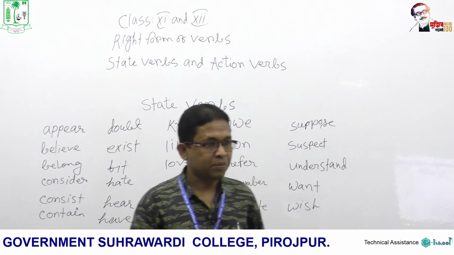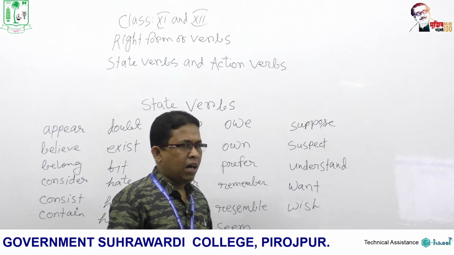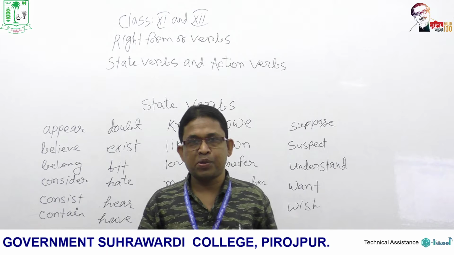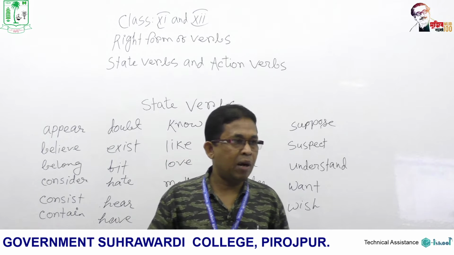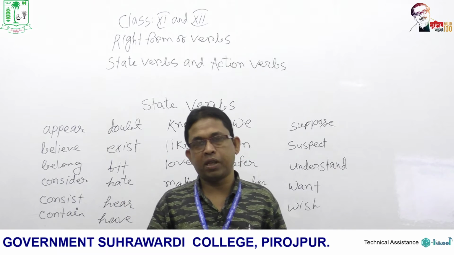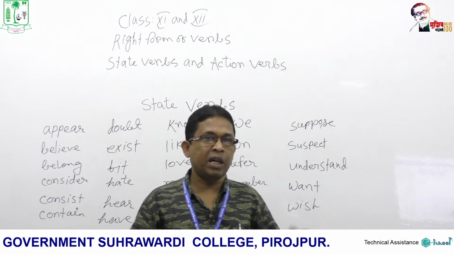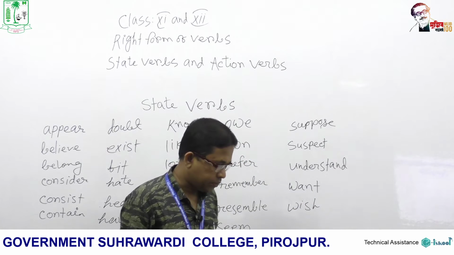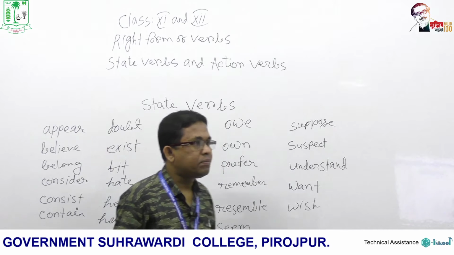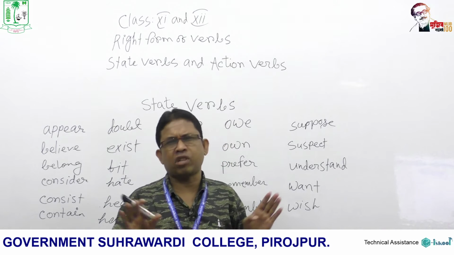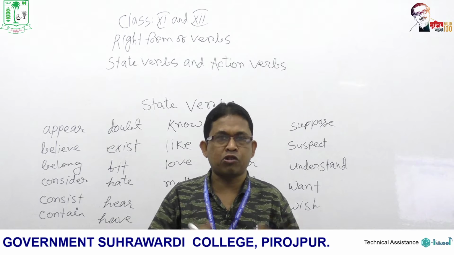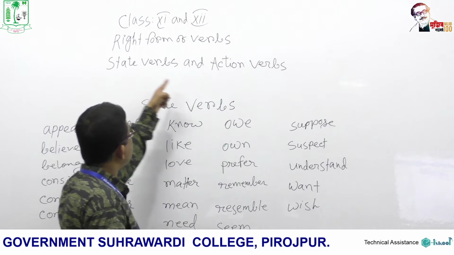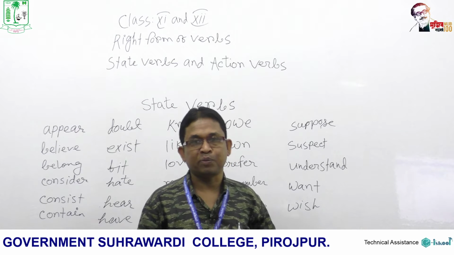You know that a verb is of different types. For example, principal verbs or auxiliary verbs, transitive verbs or intransitive verbs, finite verbs or non-finite verbs. And there are many other types of verbs from different points of view, and these are state verbs and action verbs.